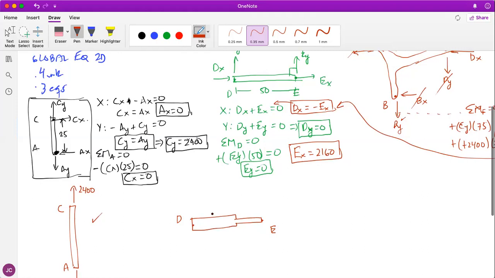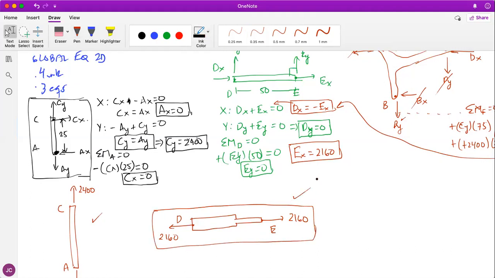So what I have over here is that 2160 goes this way, and since the X was a minus, 2160 goes that way. So this thing is in balance. Therefore, you got that thing balanced.